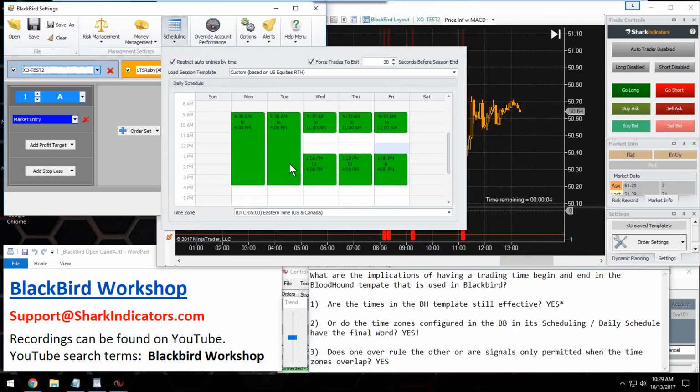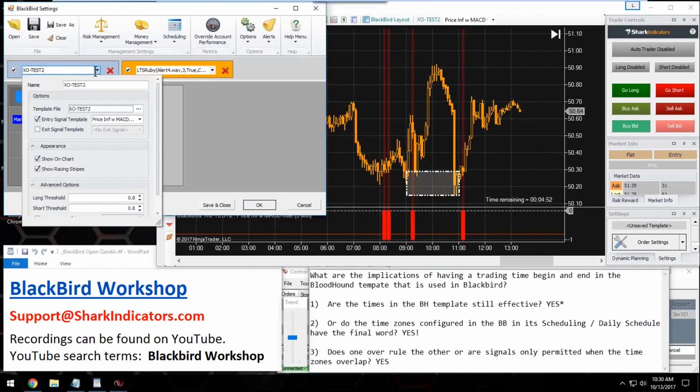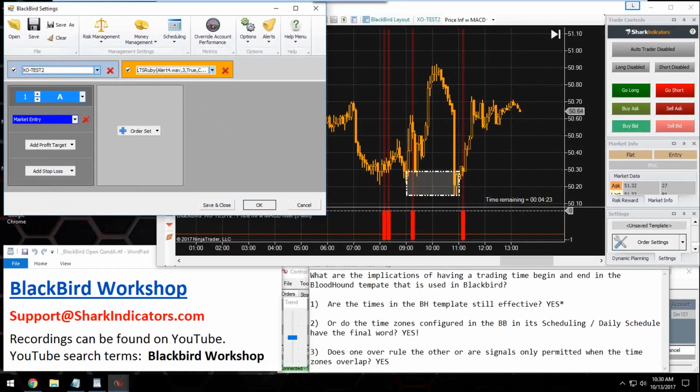So Blackbird has the secondary check. You could think of it as an AND node. You're plugging Bloodhound into an AND node, and then you're plugging Blackbird into the AND node. If both of them are in agreement, then the trade is executed.